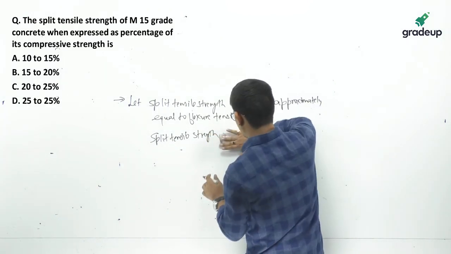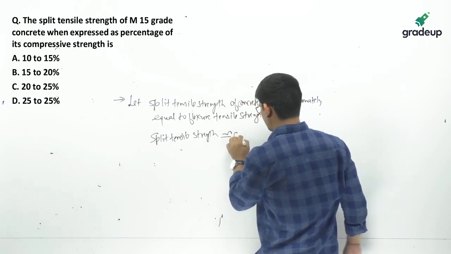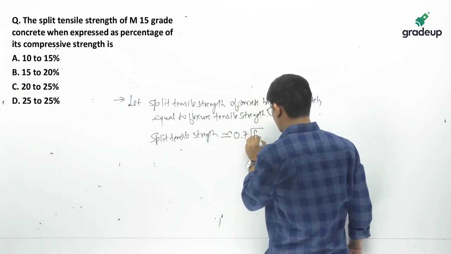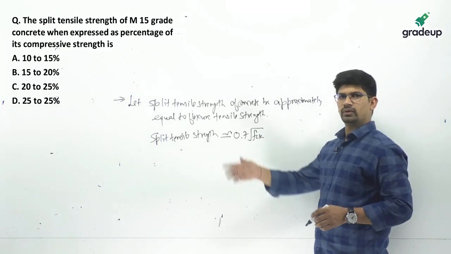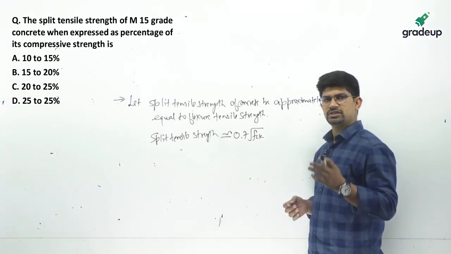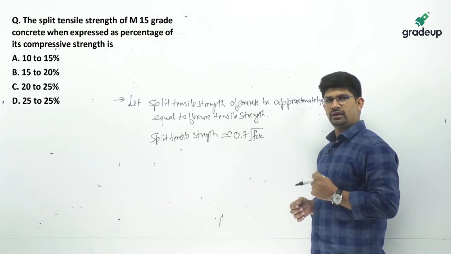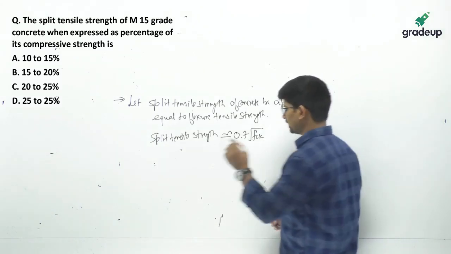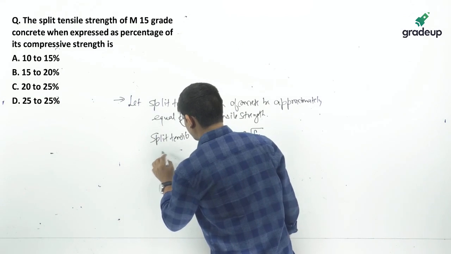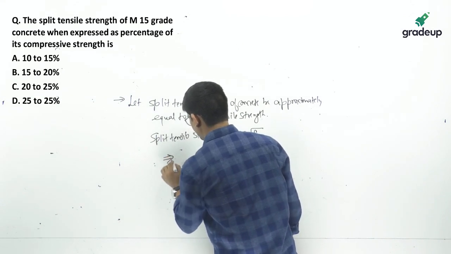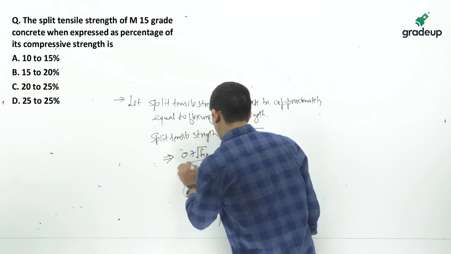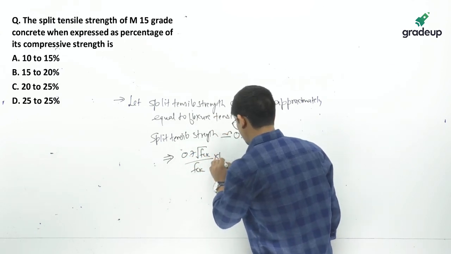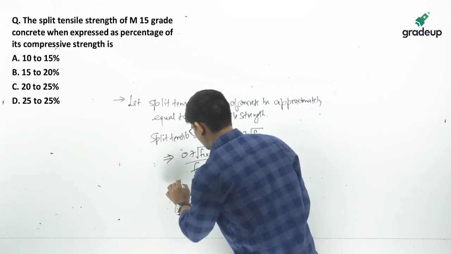So it will be roughly equal to 0.7 under root FCK. So the formula in form of FCK is available to you. Now you are required the split tensile strength of M15 grade as a percentage of its compressive strength. So the entity which you require is 0.7 under root FCK upon FCK into 100%.